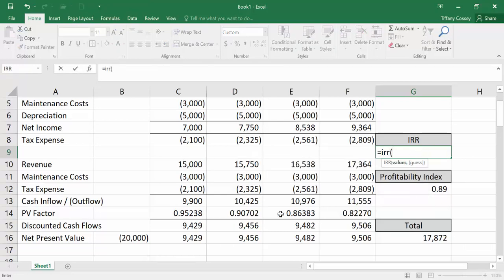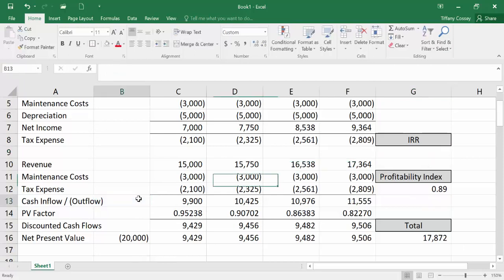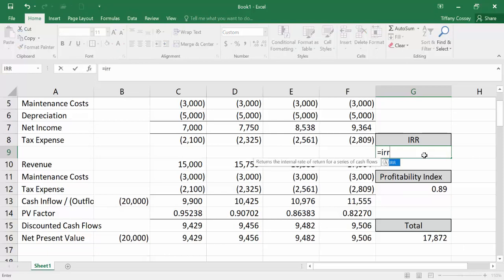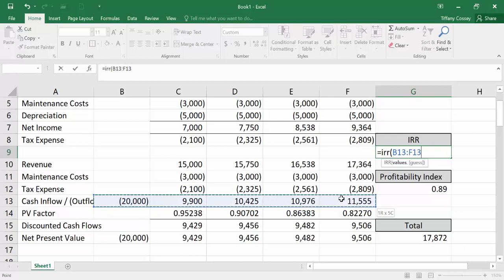And then we're going to look at all of our cash flows, which means we need to pull this 20,000 up here because it needs to look at all of your cash inflows and outflows. So we're going to hit equals IRR, open parentheses, and then we grab all of the undiscounted cash flows.